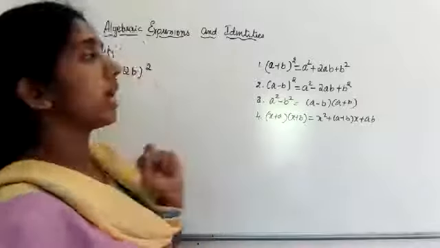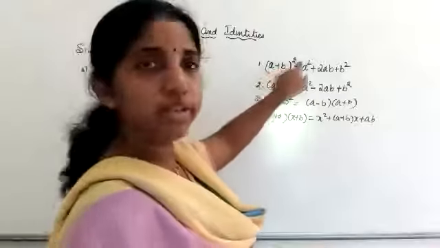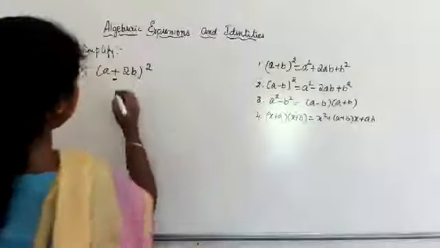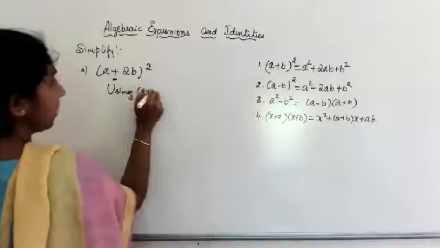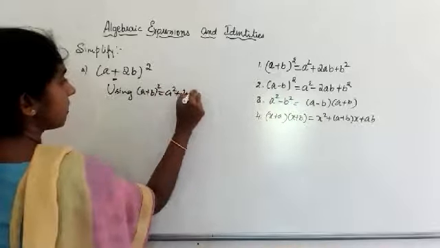So where do we have two terms separated by a plus sign and the power is 2? That is the first identity. So here we are using identity 1, a plus b the whole square is equal to a square plus 2ab plus b square.